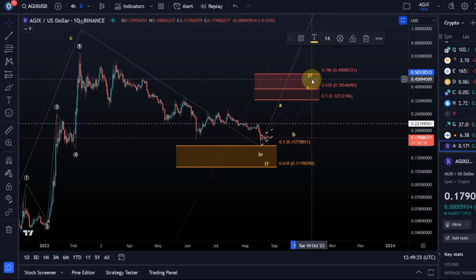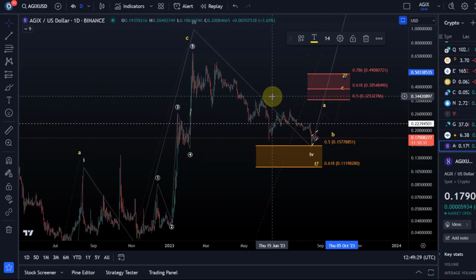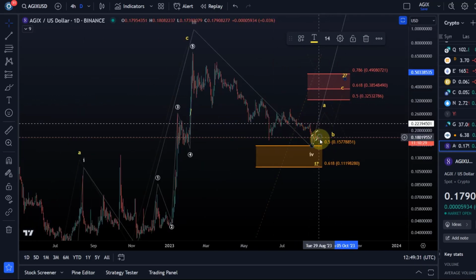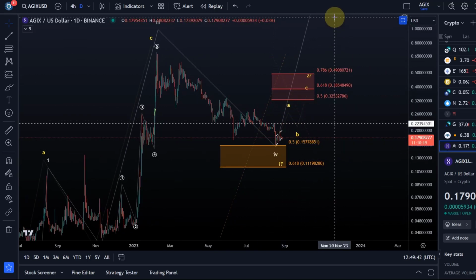I already added resistance on the chart between 32.5 and 49 cents, okay? So at the moment anyway, there is not sufficient evidence that a more or less substantial rally is starting. That rally should be an ABC correction or something more bullish. But it should go, I mean, ideally to 32.5 cents at least, but I have no evidence that it started yet.